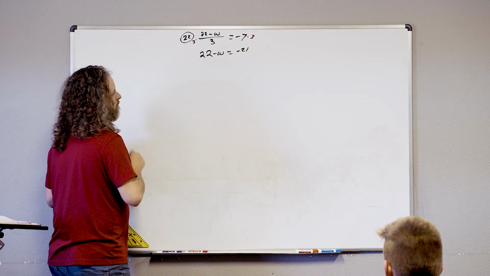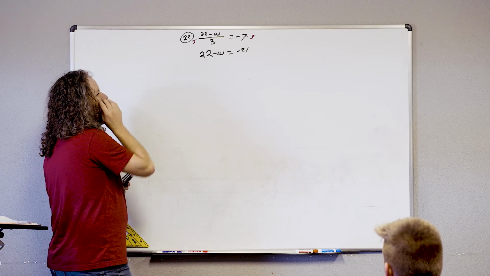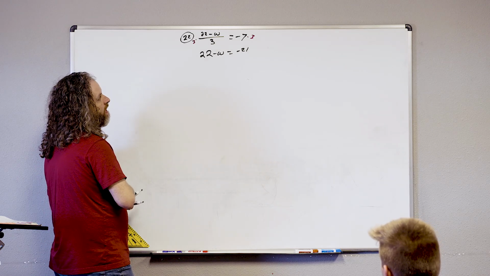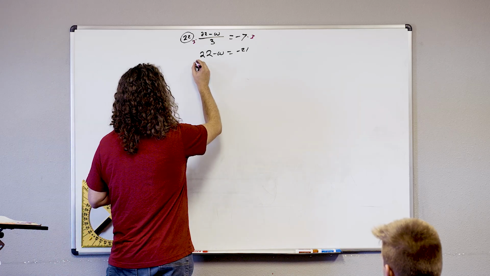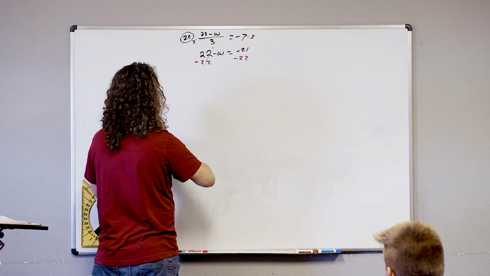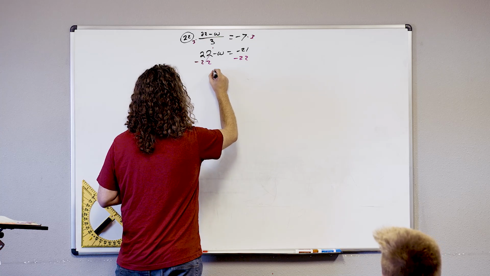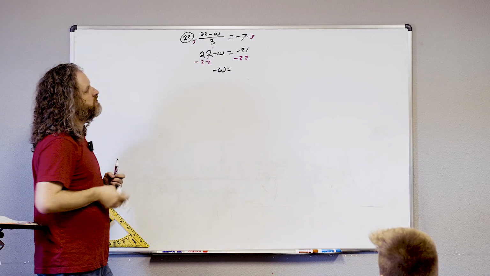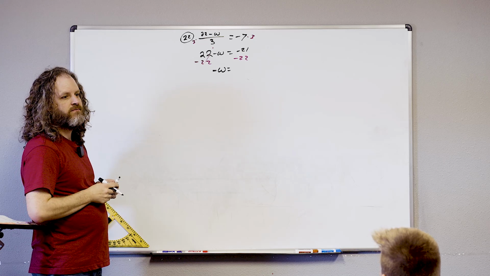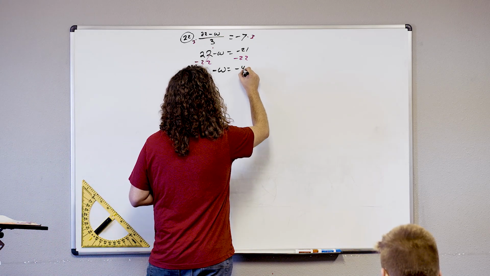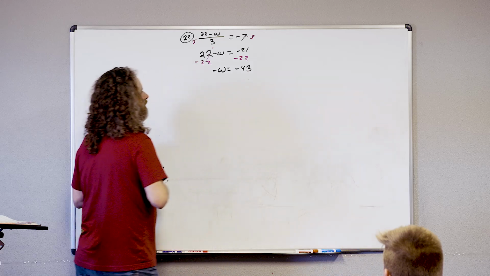Now what should we do? Divided by 22. It's not multiplied. Subtract it. I'm going to subtract 22. So what's negative 21 minus 22? Negative 43. Now what?